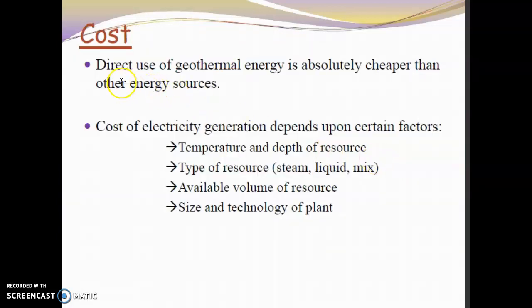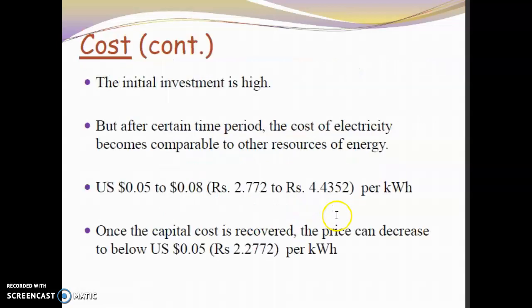Coming to the cost, direct use of geothermal energy is much cheaper than other energy sources. The cost of electricity generation depends on certain factors: temperature and depth of resources, type of resource, whether steam, liquid or mixed, available volume of resource, and size and technology of the plant. The initial investment is very high, but after a certain time the cost of electricity becomes comparable to other energy resources: rupees 2.772 to rupees 4.4352 per kilowatt hour.